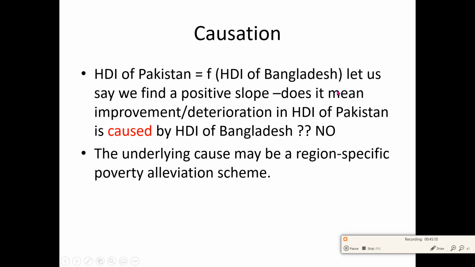In other words, is there any causal relationship? Of course, the answer is no, right? Even if the slope is positive and both HDIs are positively correlated, it may be due to some other factor. Maybe it is due to a region-specific improvement in HDI or a region-specific poverty alleviation scheme that is improving the human development index in both countries. So, regression does not imply causation.